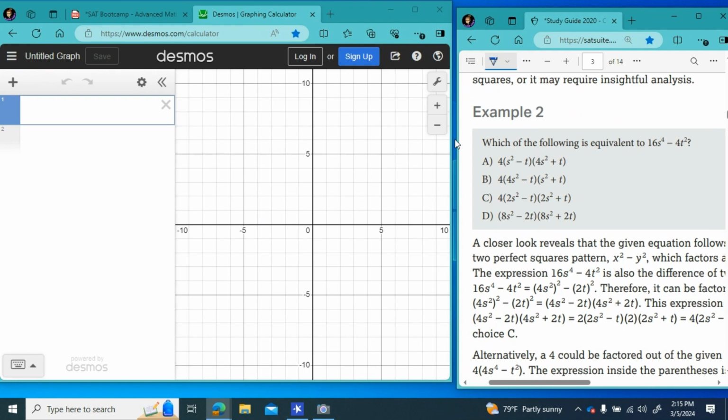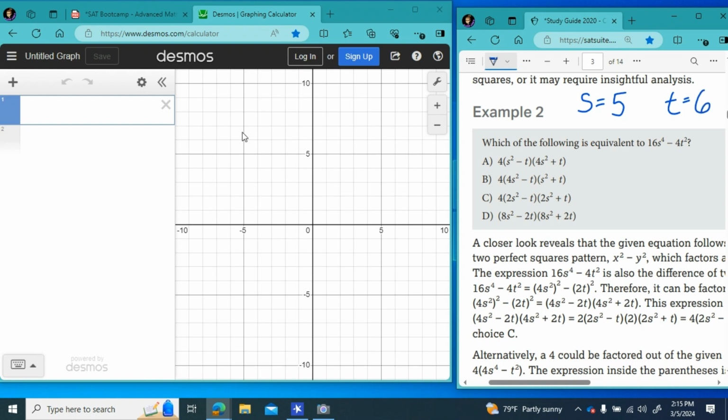So if I use the pick a number strategy, I'm going to pick a number that's not 0, 1, or 2, and not a number that I see on here. Okay, so a different number from any other number I see. So I'll say S is equal to 5 every time, and I'll say that T is equal to another number that's not here. I'll say 6 every single time.